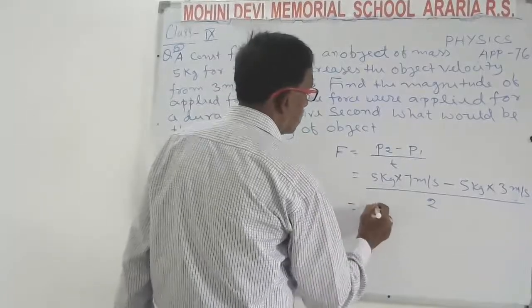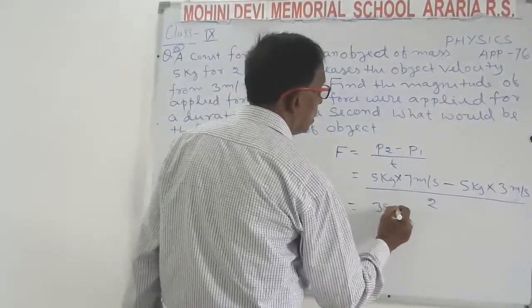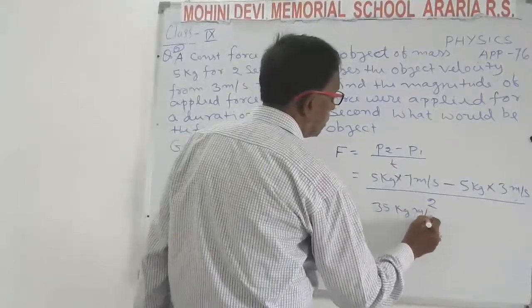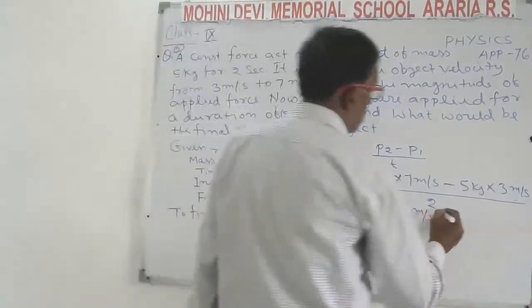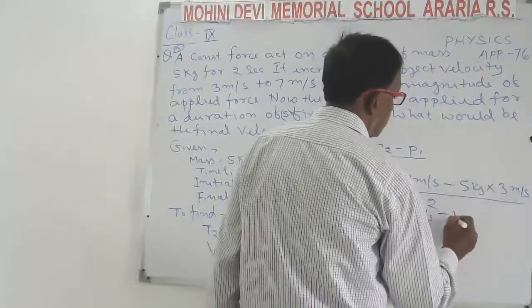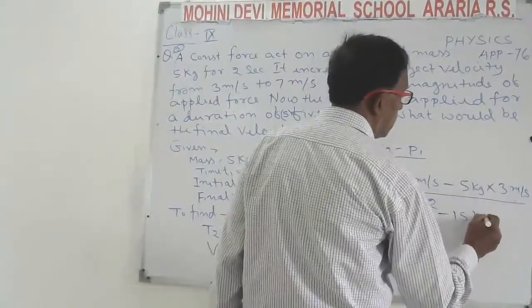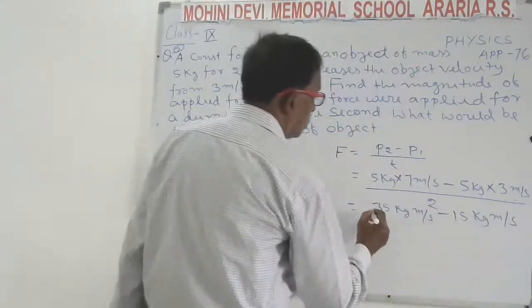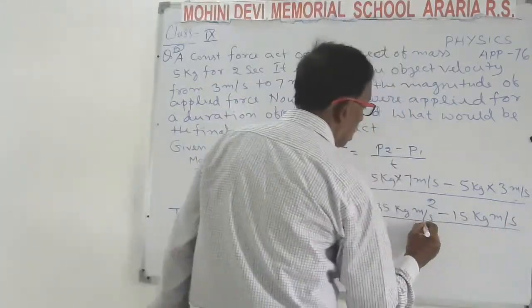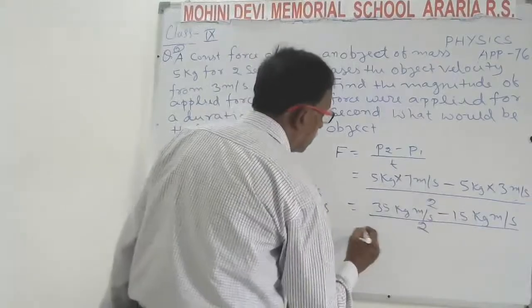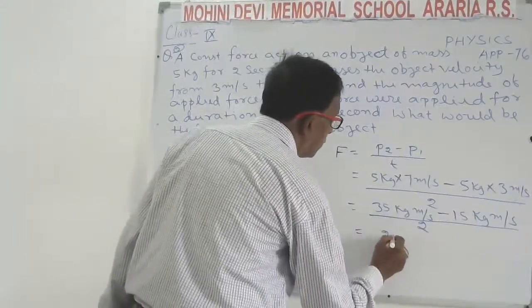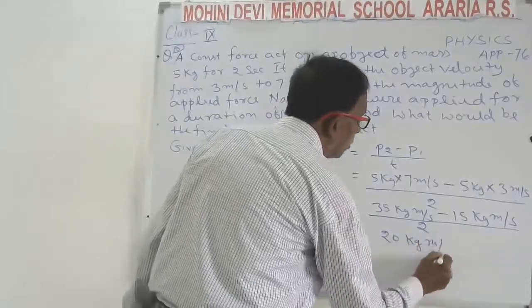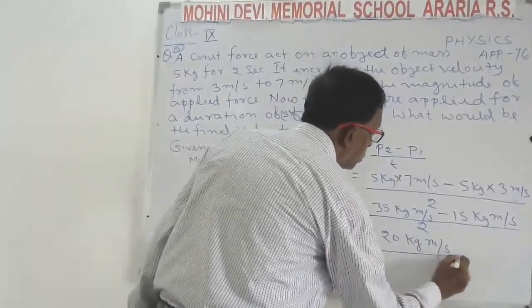It is 35 kg meter per second, which is the unit of momentum, and 15 kg meter per second, by 2. 35 minus 15 is equal to 20 kg meter per second by 2 seconds.